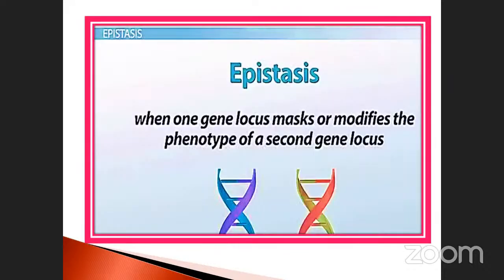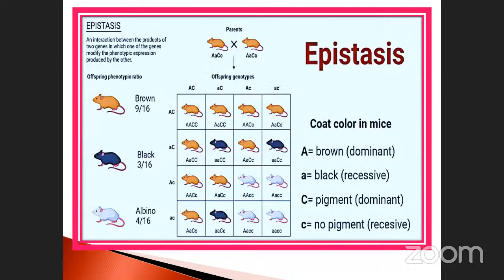These are the two things. An example of epistasis is coat color in mice. We already discussed it, just like the rabbit: brown, black, pigment, no pigment. These are epistasis, with the phenotypic ratio as well as the genotypic ratio.